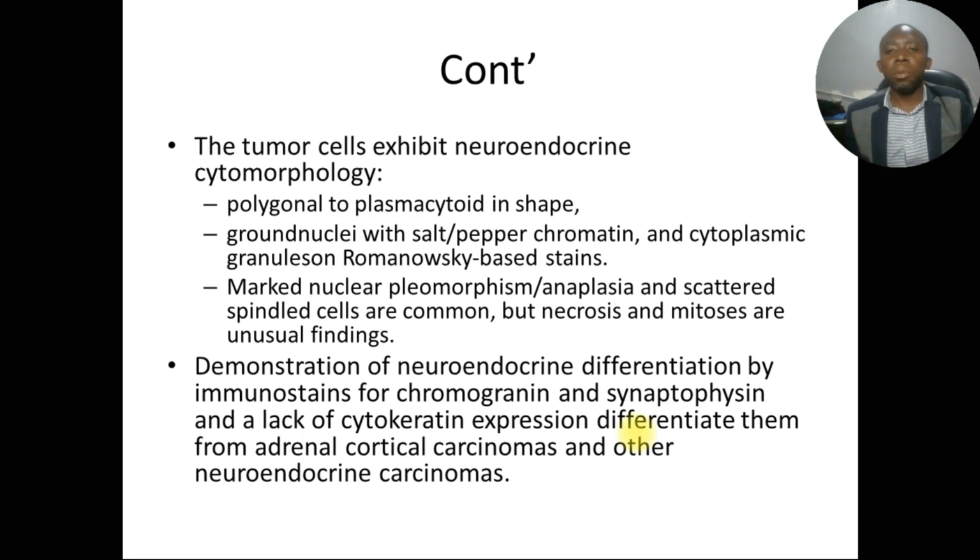There is marked nuclear polymorphism, anaplasia, and scattered spindled cells, which can be seen, and they are common, but necrosis and mitosis are unusual findings in this case. So demonstration of the neuroendocrine differentiation by immunostain for chromogranin and synaptophysin and lack of cytokeratin expression differentiates them from the adrenocortical carcinoma and other neuroendocrine carcinomas.